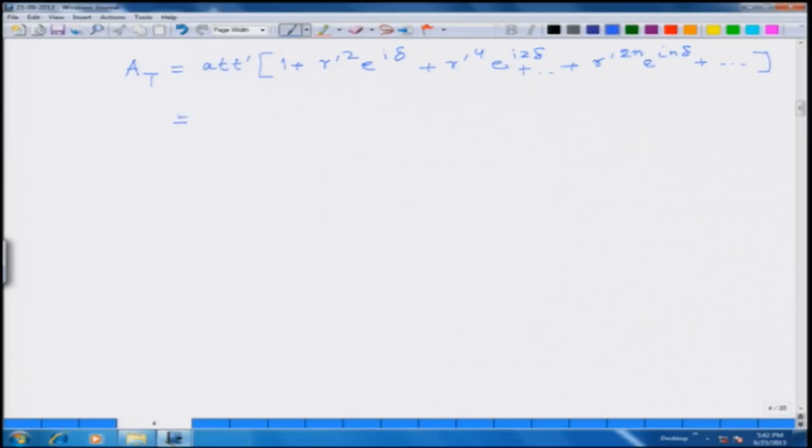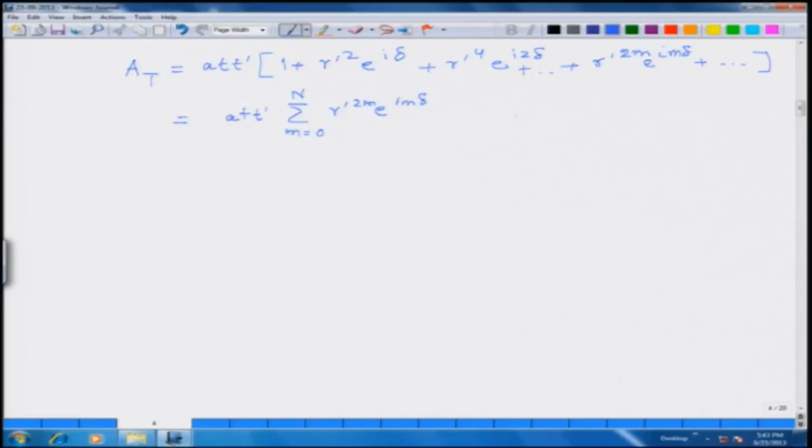Just writing it in more simplified form, I can write it as A t t prime times the summation of the series for, let me make it m, because n is also the refractive index, m going from 0 to maybe a large number of rays that we are going to add up, r prime to the power 2 m exponential i m delta.